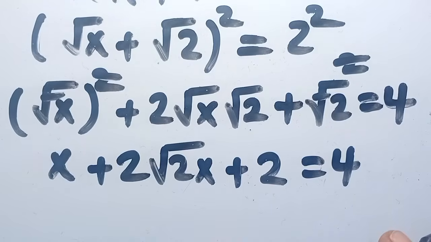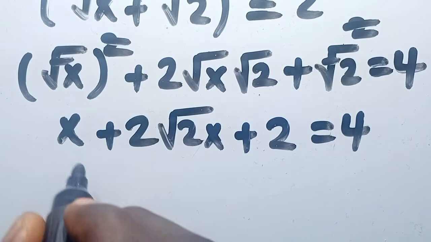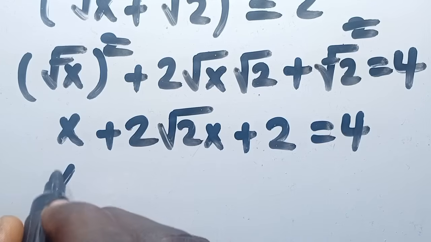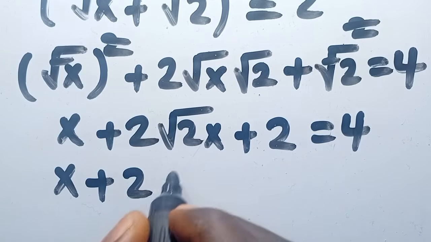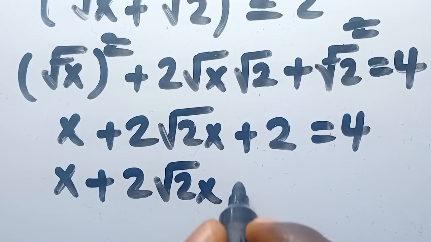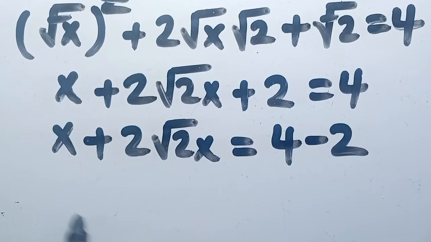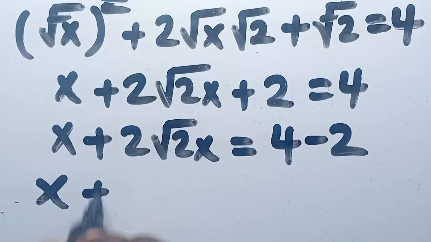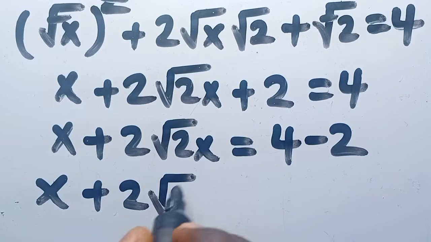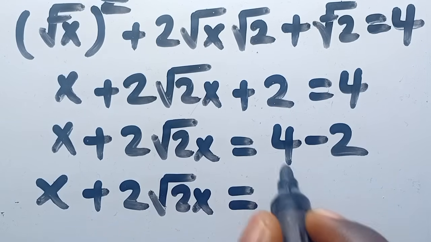So from here we have x plus 2 multiplied by root 2x equals 4 minus 2, which will be 2.